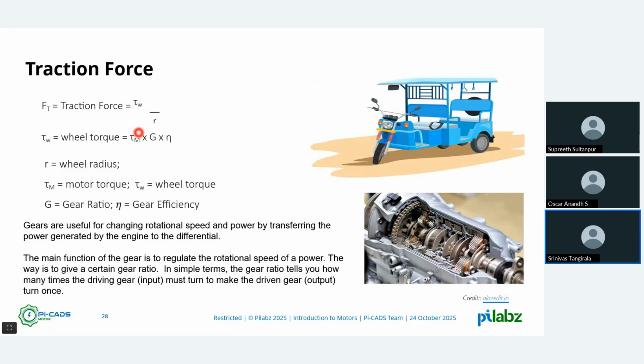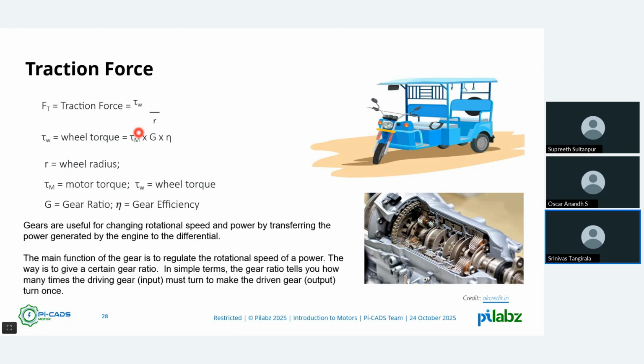Any torque is represented by tau, the Greek letter, and the subscript W represents the wheel, while tau M is the motor torque. The traction force comes from the wheel torque, because the wheel is the one driving the vehicle, whether it's a two-wheeler, three-wheeler or four-wheeler. So for all vehicles, the traction force is the wheel torque divided by the wheel radius.